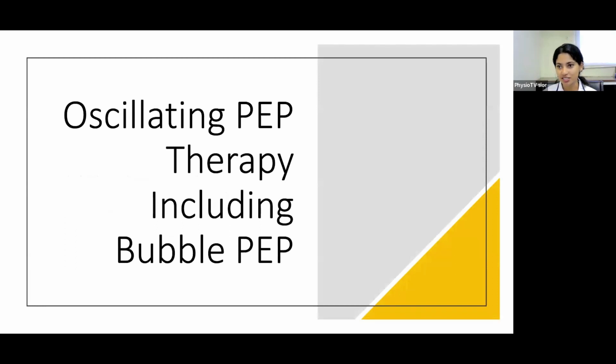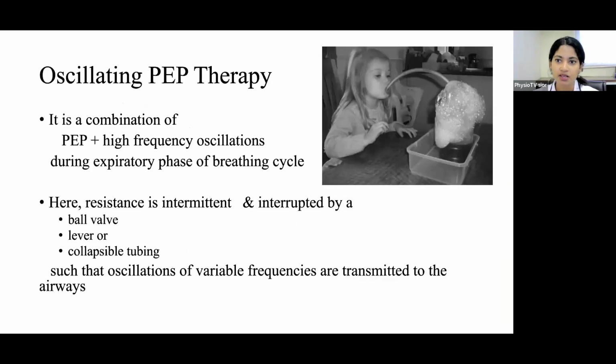Let's understand what is oscillating PEP therapy. So here we will also try to include what is bubble PEP. We'll look into that at the end of the session. So let's understand what is the concept of oscillating PEP therapy.